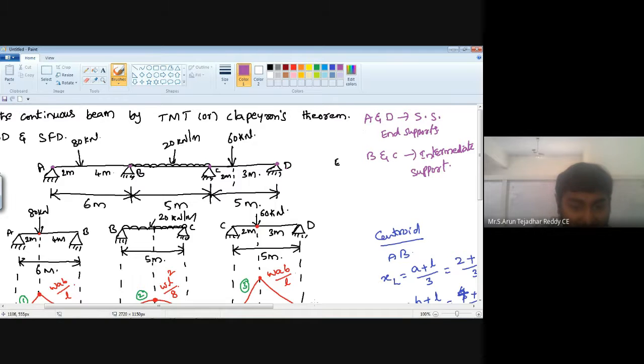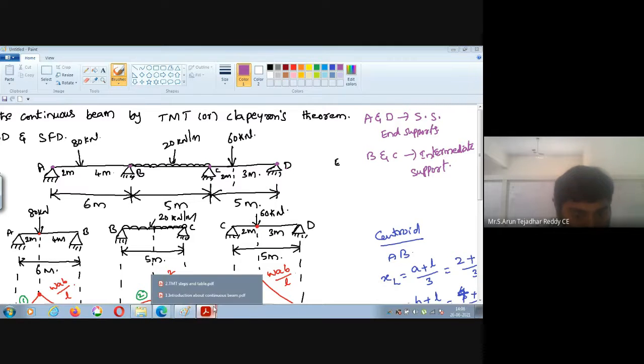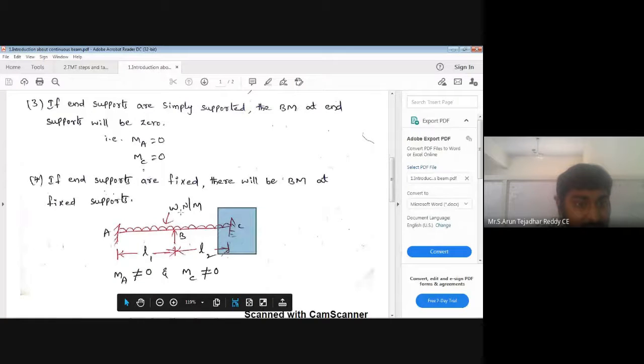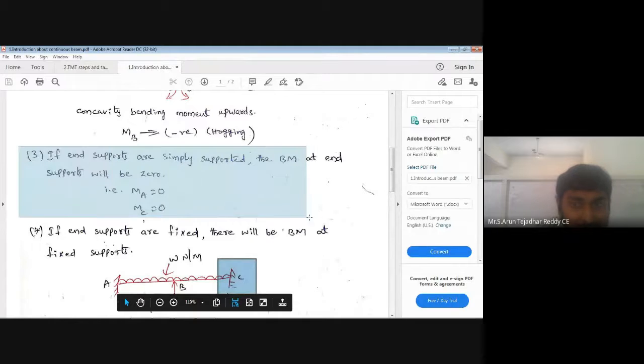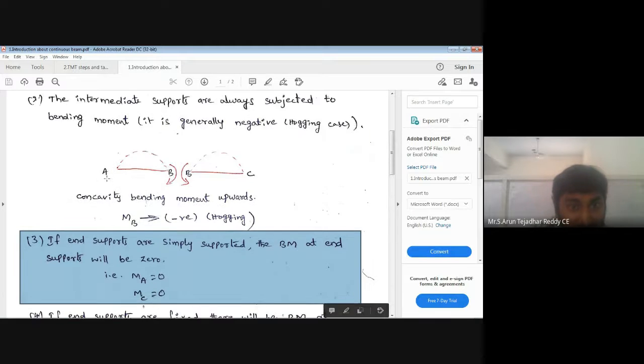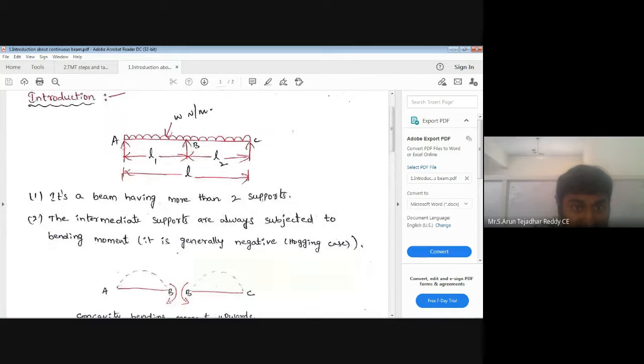So once again, I will show you the condition here. See, first read the third point. If end supports are simply supported, the bending moment at end supports will be 0. It means we can write MA is equal to 0, MC is equal to 0 in this condition of A, B, C. But in our given problem, we have a point D also.